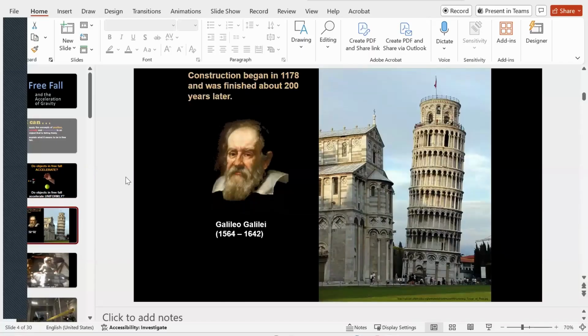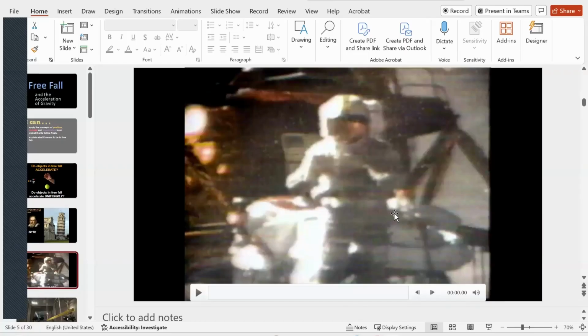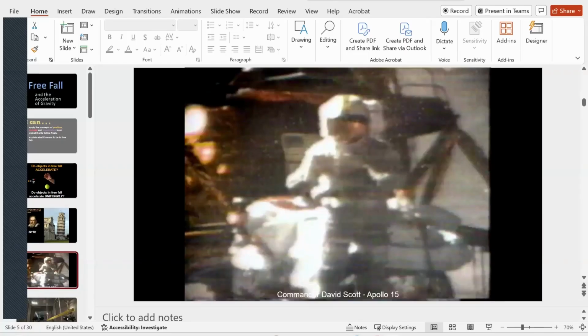Yeah. Which scientist figured out free fall? Galileo. Galileo Galilei, right? What did he do? He dropped two different balls with different masses from the top of the Pisa tower, right? You remember that, right? So they fall down at the same time, right? Yeah. Same time. And then later, this is the situation.